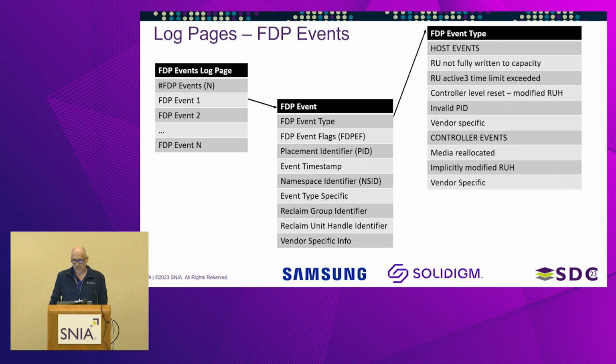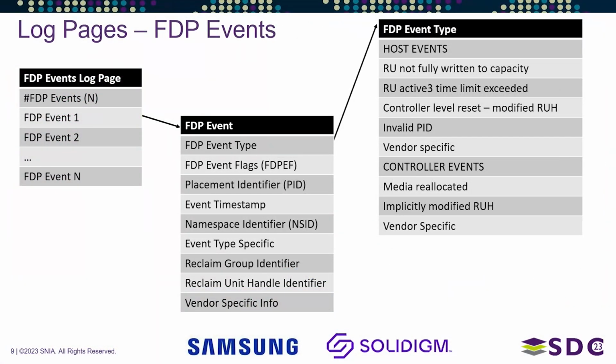So when you get an FDP event, it'll tell you whether it's an event caused by a host interaction, like an RU is not fully written to capacity, or whether the active time limit has been exceeded. So that gets articulated to the host that way. Whether there's been a controller level reset inside the drive, and whether if you did a write, it had an invalid placement ID. Then I can put whatever vendor specific information that I want in that event also.